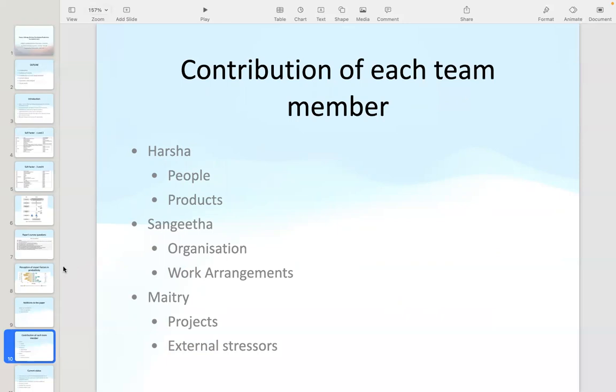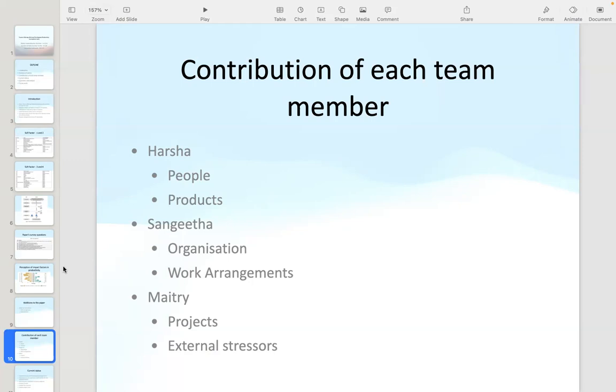All the questions and all the work done for any particular factor was done by the owner of that factor. For instance, Harsha has done all the questions regarding people and products. Sangeeta has done all the questions regarding organization and work arrangements, and I have done all the questions related to projects and external stressors.